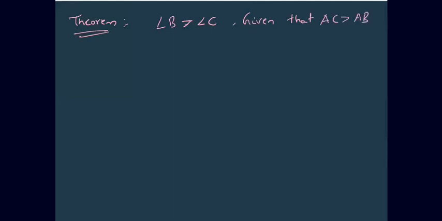You need to prove angle B is greater than angle C given that AC is greater than AB. That is, we need to prove that the angle which is opposite to the larger side is larger. So just try this problem for a couple of minutes and then we will see it.